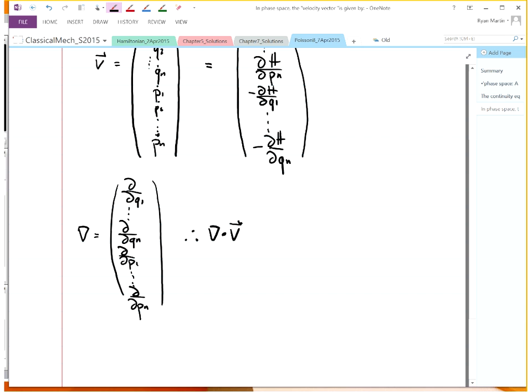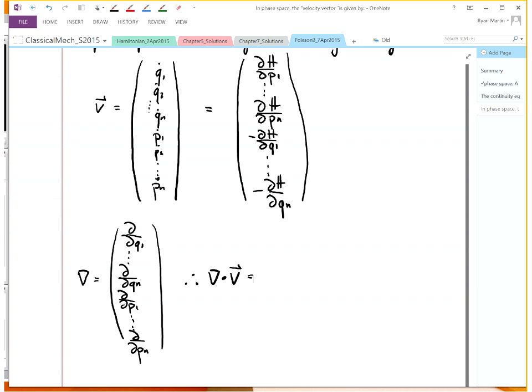So the divergence in phase space, so we've generalized this to 2n-dimensional space, is going to be the scalar product of my two vectors here, right?